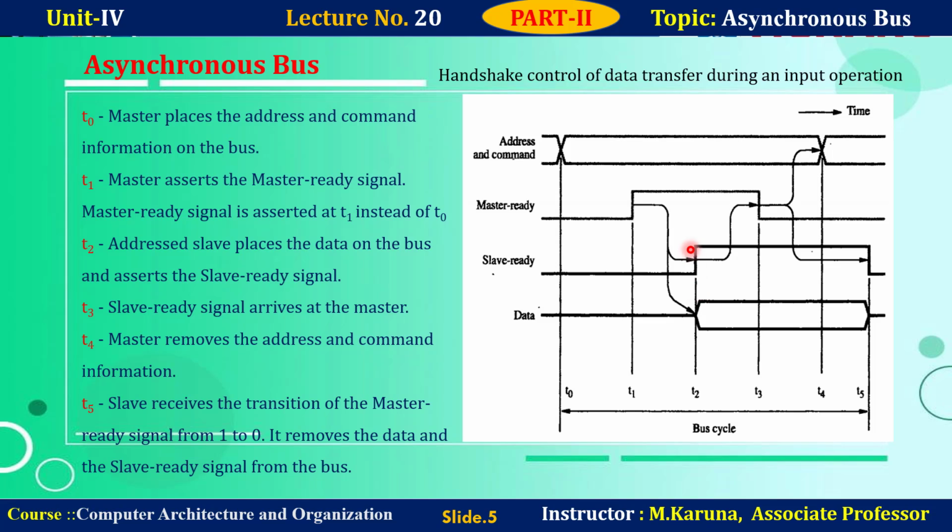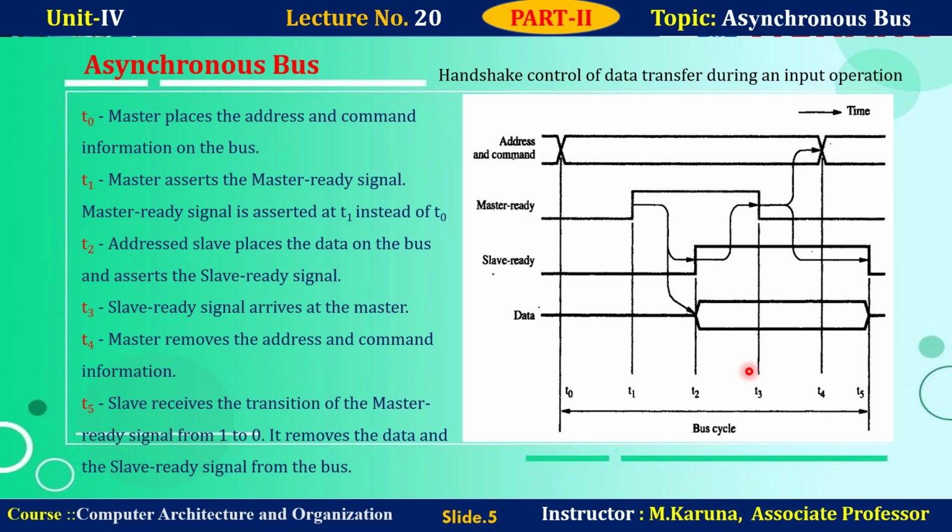At the same time, it sets the slave ready signal to 1. Here is the delay between T2 and T1. This delay depends on the distance between the master and slave, and on the delay introduced by the slave circuitry.